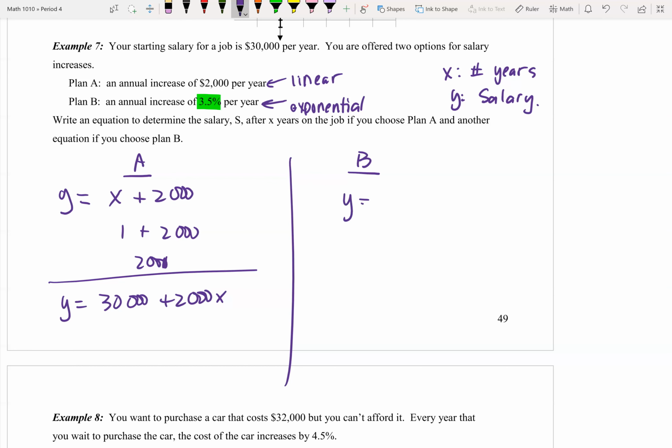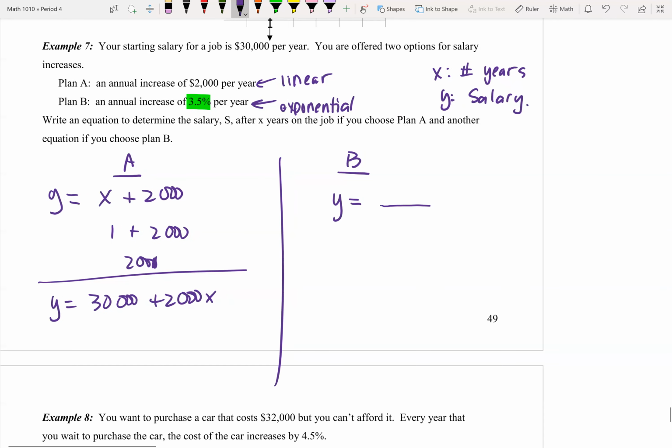Okay, so y equals, guys, exponential. Look, you have to have a number here. You have to have a number there. It's raised to the x. I think everybody got the front number, right? What's that? 30,000. Okay, so it's that base that's the tough one. 3.5 as a decimal is 0.035.